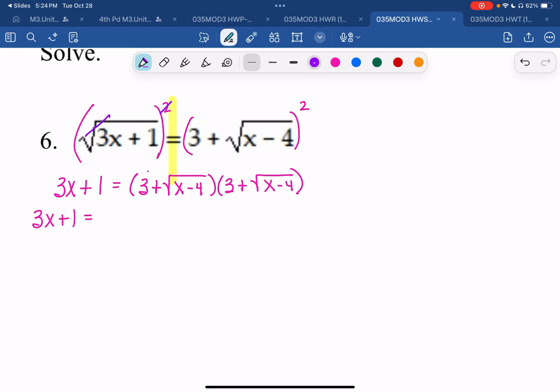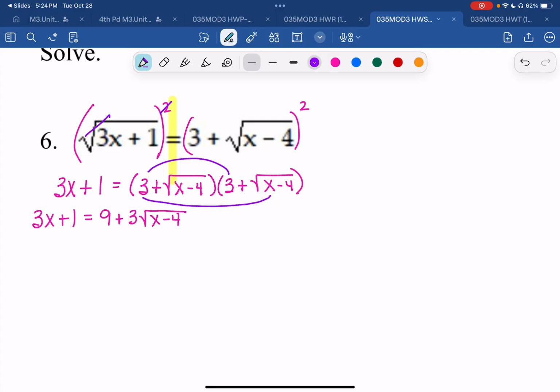So I'm going to multiply 3 times 3. So I get 9. Then I'm going to multiply 3 times the square root of x minus 4. So I get plus 3 times the square root of x minus 4.